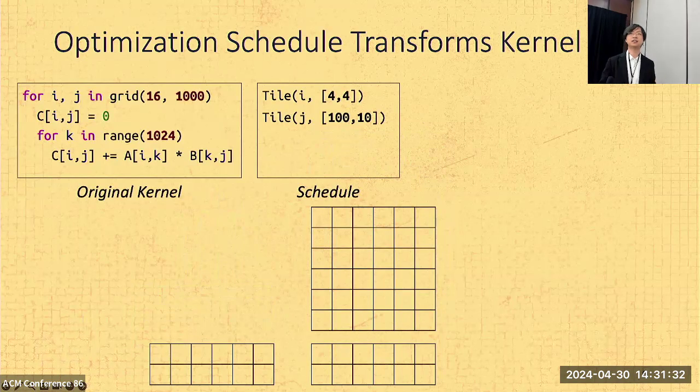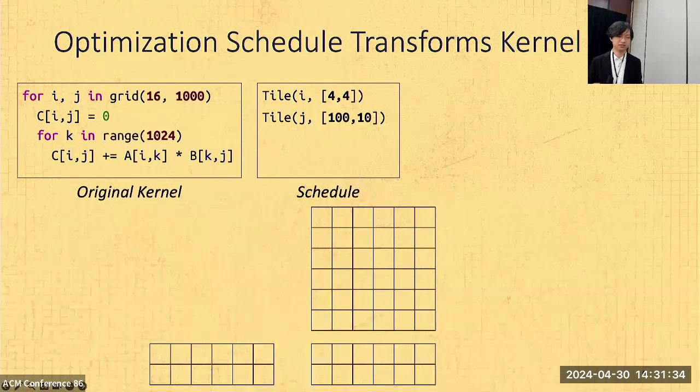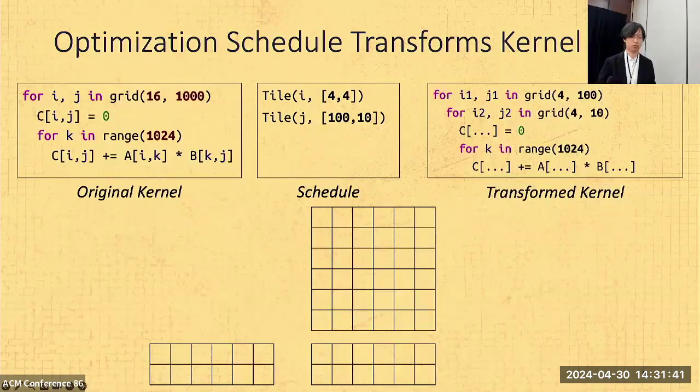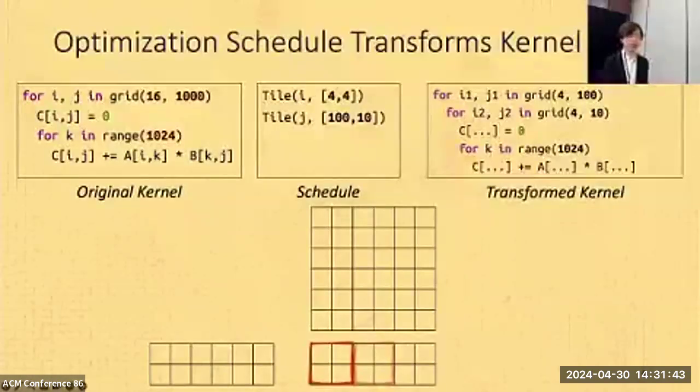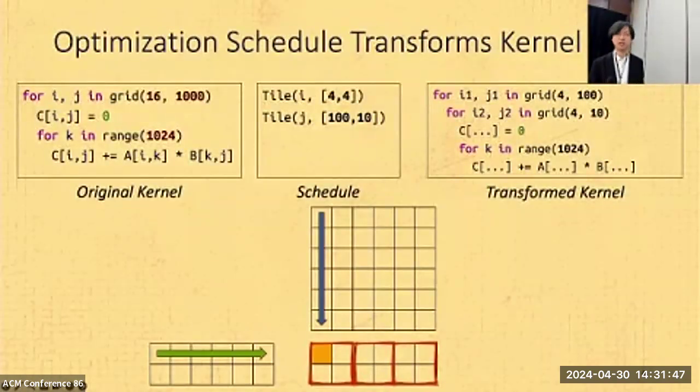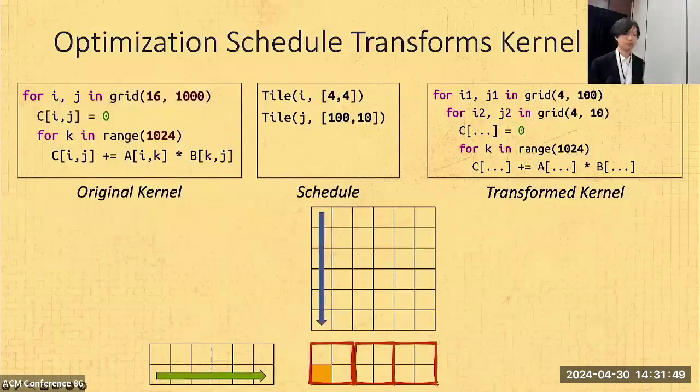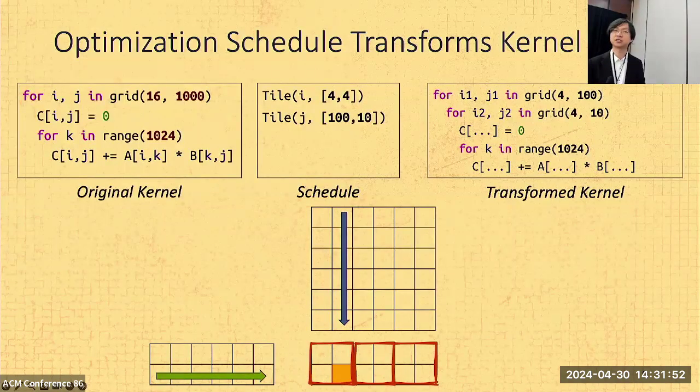A schedule is a list of transformation steps that can be applied one by one to the original program to get a transformed program. And here we are changing the computation order so that instead of computing a whole row at a time, we are doing this, which can be good for performance because of cache locality.